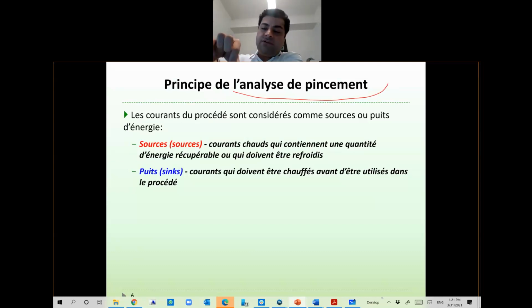So if you just with two fingers grab your skin, in fact you are pinching. This is pinching. Okay, you will see why we call it pinch. So this pinch analysis is very known technique in order to have a heat integrated process.